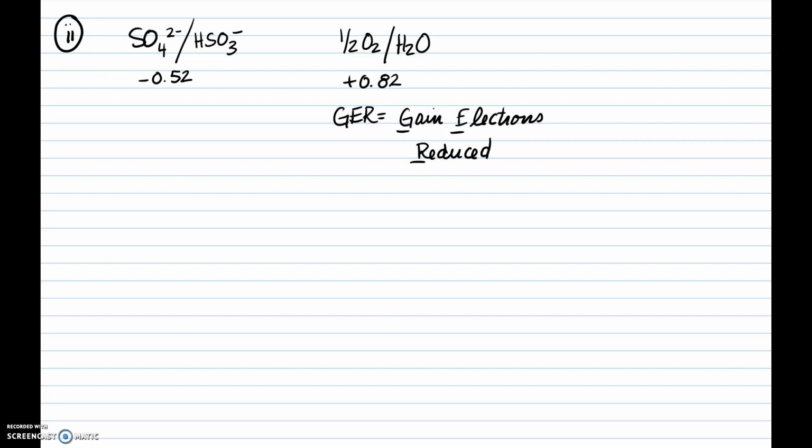Just to keep that straight in my head. I know that other acronyms exist, such as oil rig, but this is the one that I learned. So then on the other side, I'll write LEO, which is the opposite, and stands for lose electrons. Oxidized. Okay.